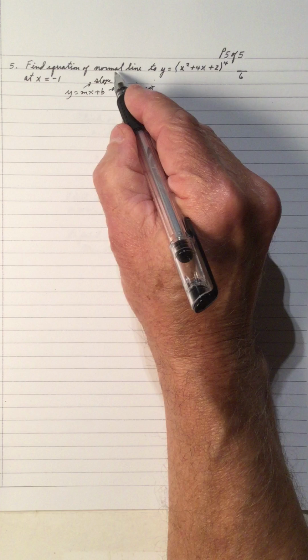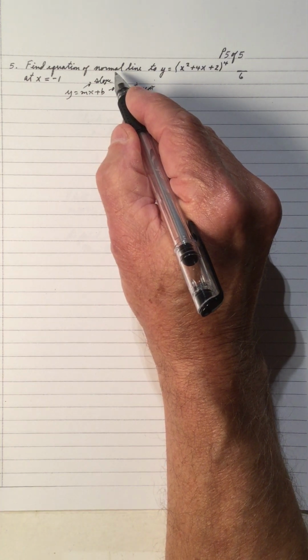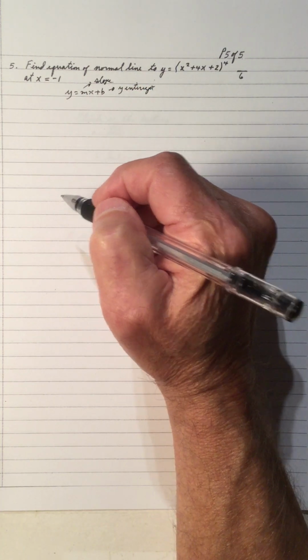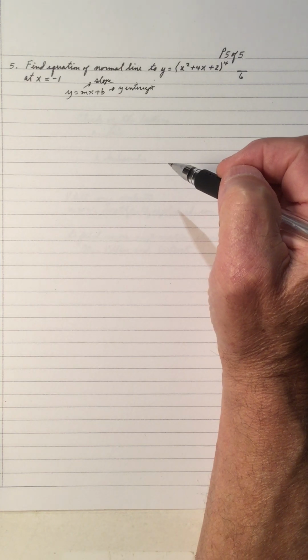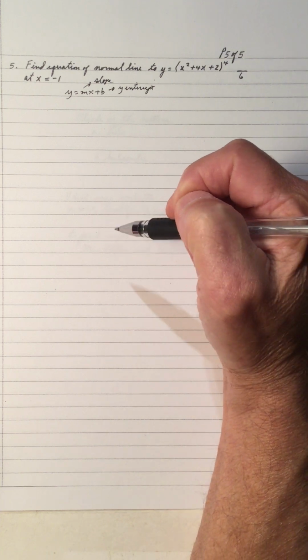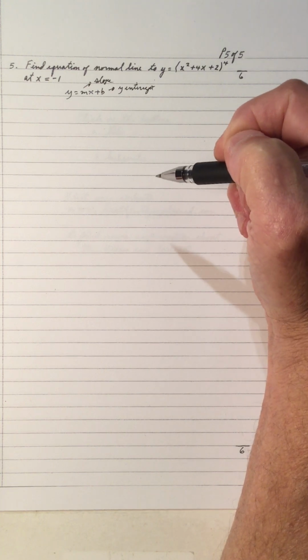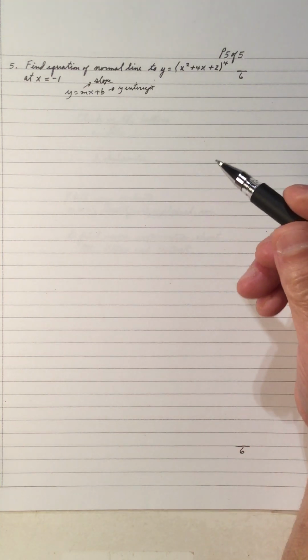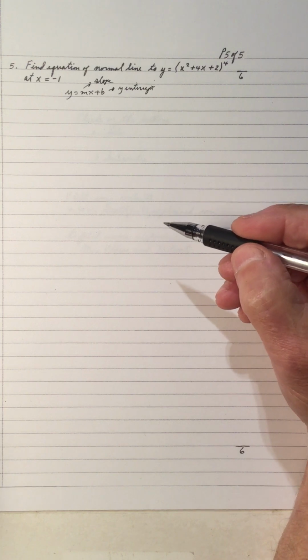and find the y-intercept. But remember, a normal line is perpendicular to a tangent, and the derivative is the slope of the tangent. So we'll find the slope of the tangent first and then get the slope of the normal. The normal is perpendicular to the tangent, so the slope of the normal is the negative reciprocal of the slope of the tangent.